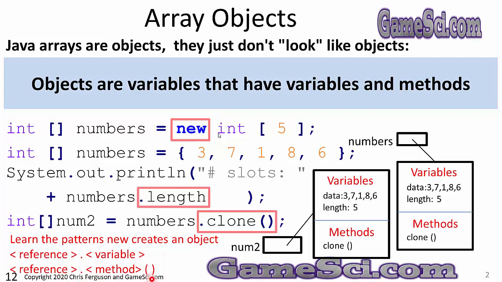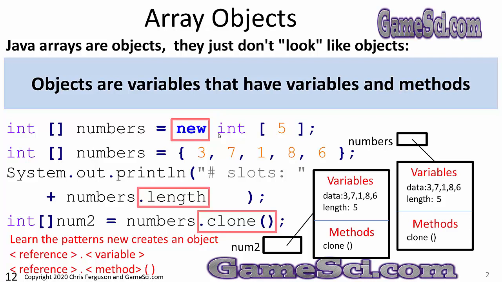Reference.method with parentheses after it means clone is a method. So I'm going to go to the numbers reference variable. The dot says go inside, and the clone with parentheses says access this method.